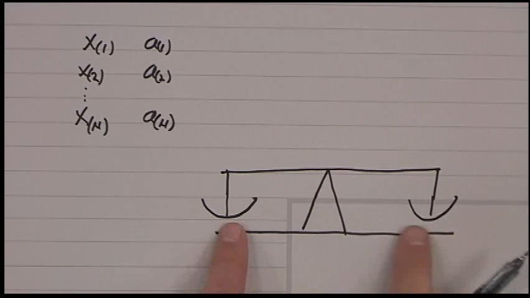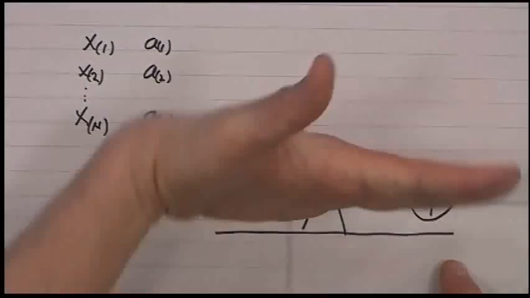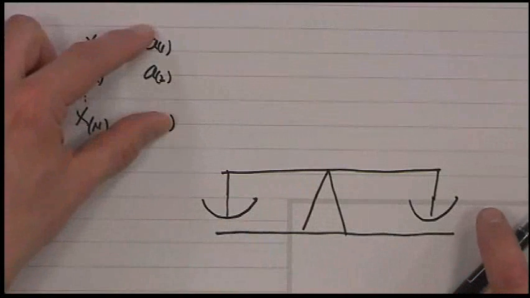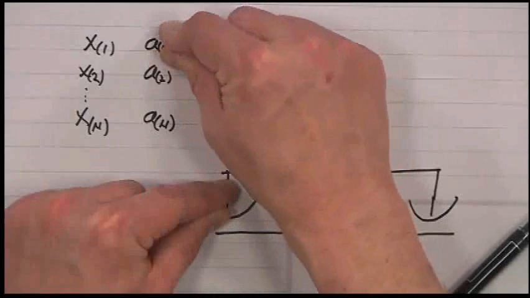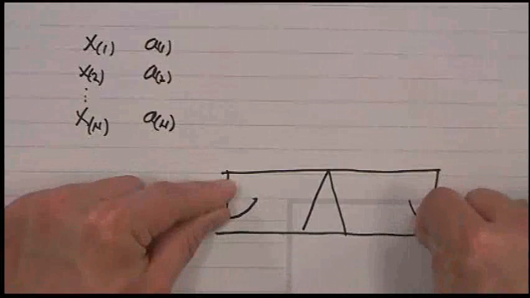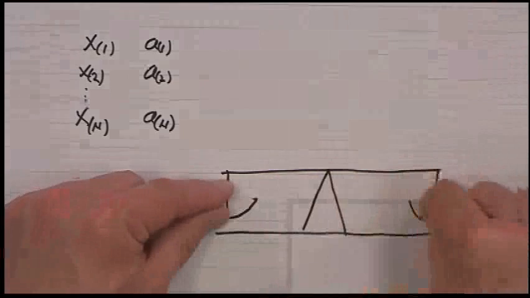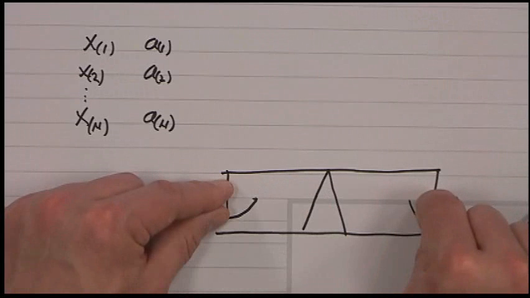You put things on the two sides of the scale, and the scale tips this way or that way, right? So I start off with all the A's on one side of the scale, and then I take A1, the first A, and I put it over here, and I see if it tipped, and then I take A2 and I move it from here to here. There's going to be one of these A's that when I move it over, it's going to tip.